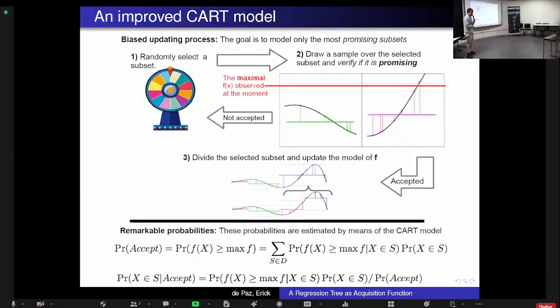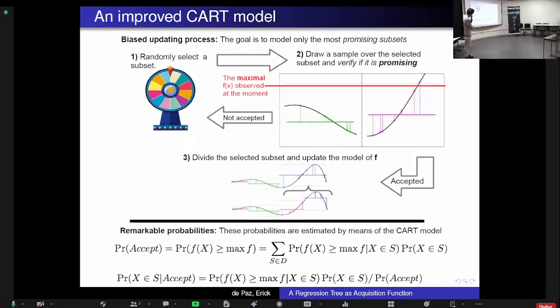This posterior probability is very, very interesting because consider this. Under the assumption of having accepted one observation of the function, we can identify which is the most likely subset to contain such accepted observation. So this cycle for searching a promising subset is not necessary.